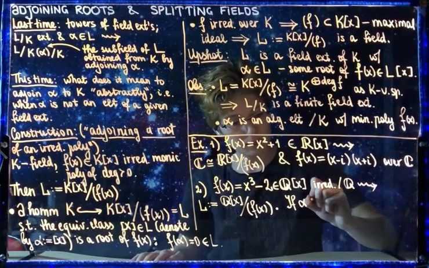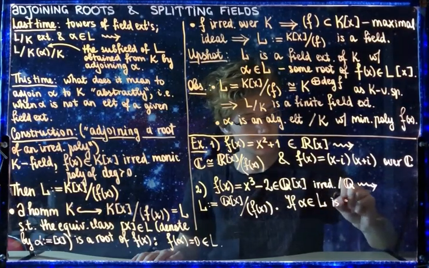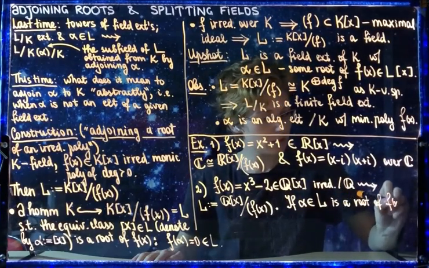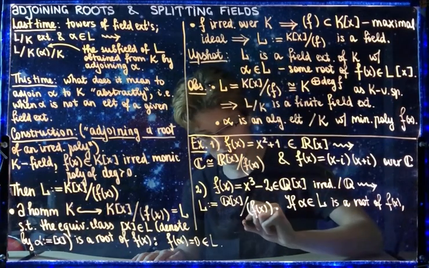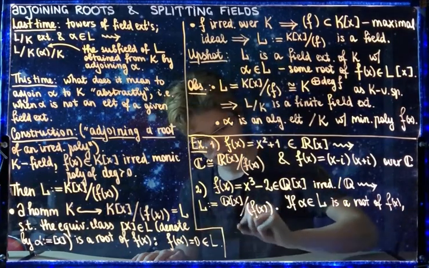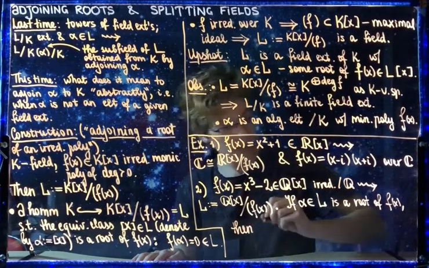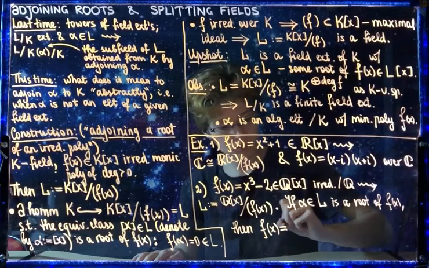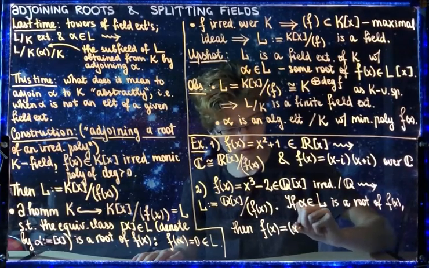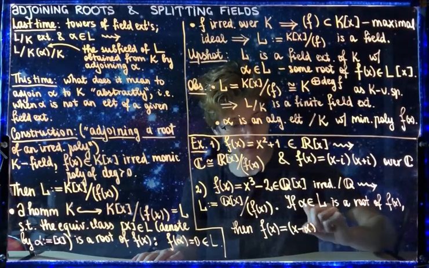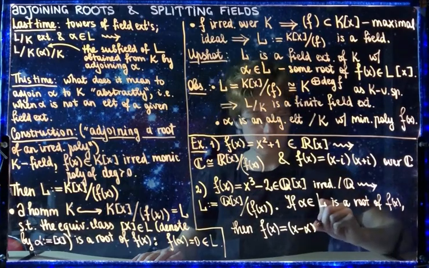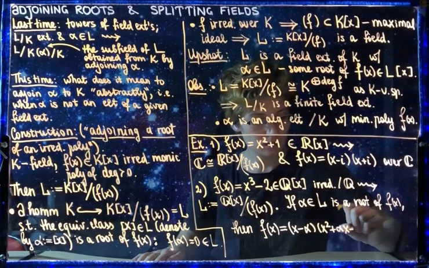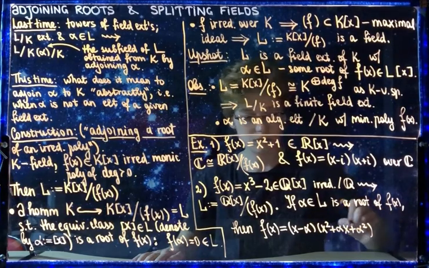If I say that alpha in L is a root of f of x, then I can split f of x into the following product of two irreducible factors. x minus alpha times x squared plus alpha x plus alpha squared.